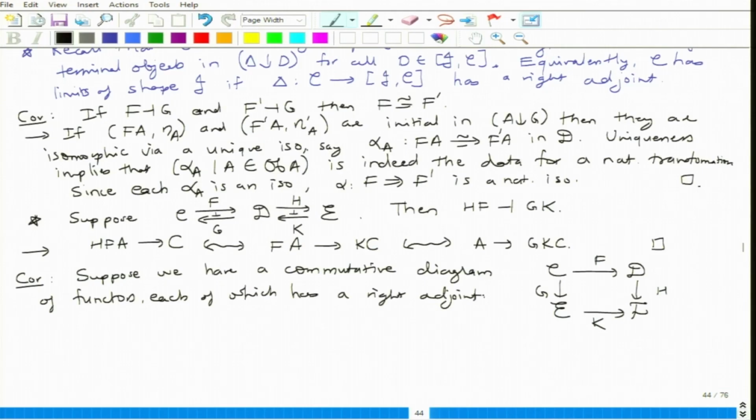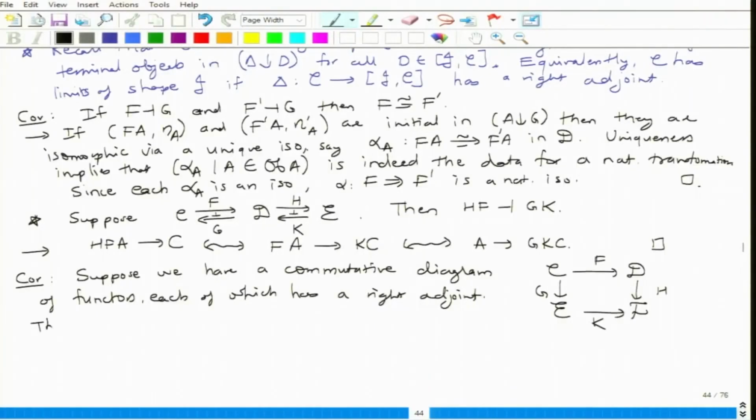So this is a commutative diagram, which means HF is equal to KG, or even a slightly weaker condition, that HF is naturally isomorphic to KG, that's also fine. But each one of them has a right adjoint.